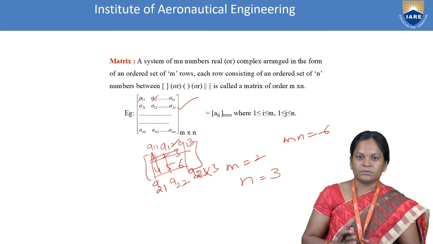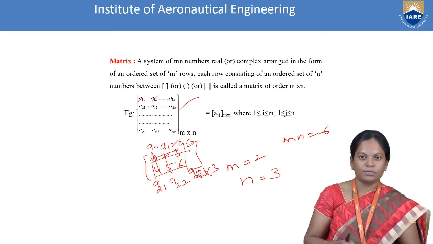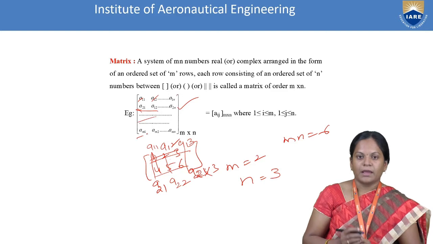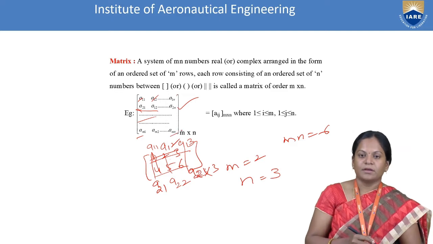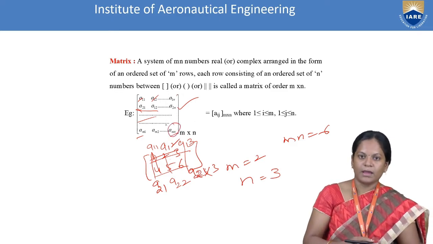Similarly, the second row starts from A21, then A22 and so on up to A2n. Similarly, we consider m rows, so the last row is Am1, Am2 and so on up to Amn. Amn is the last element, the mth row and nth column value.